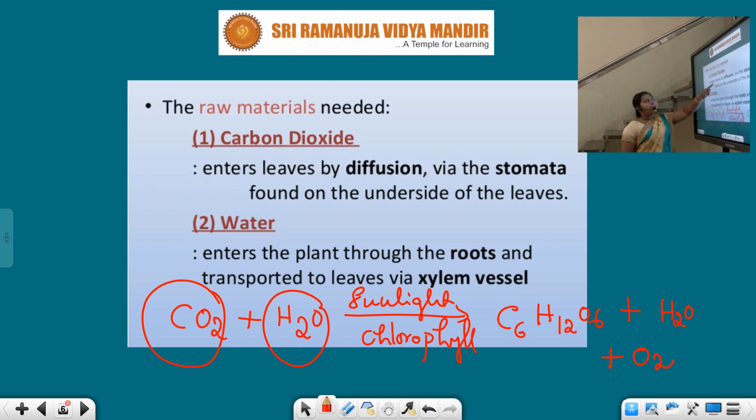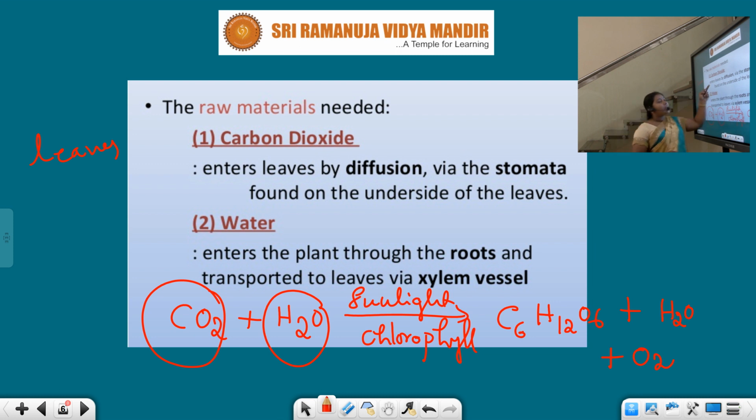Carbon dioxide enters leaves by the process of diffusion. Which part of the plant performs the process of photosynthesis? You all know, no? Leaves. In order to prepare the food, first of all, the leaf requires carbon dioxide.